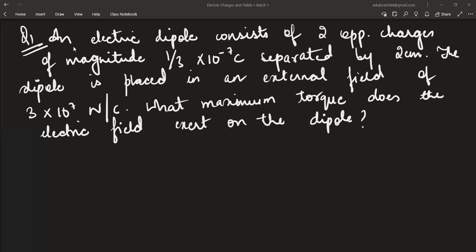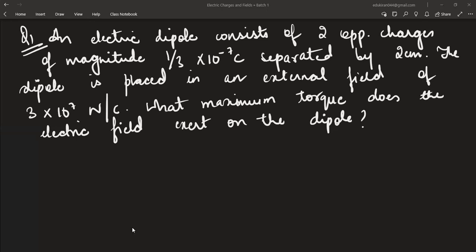See class, this says an electric dipole consists of two opposite charges of magnitude 1 by 3 into 10 to the power minus 7. When it says the magnitude is this and signs are opposite, that means it is forming a dipole itself, and it's already mentioned in the question.